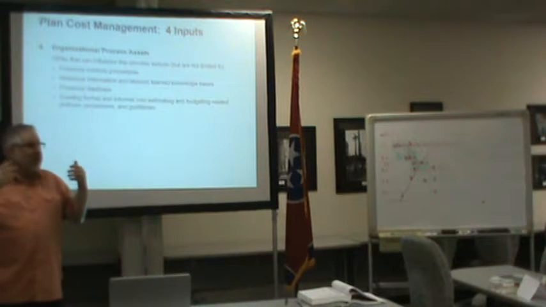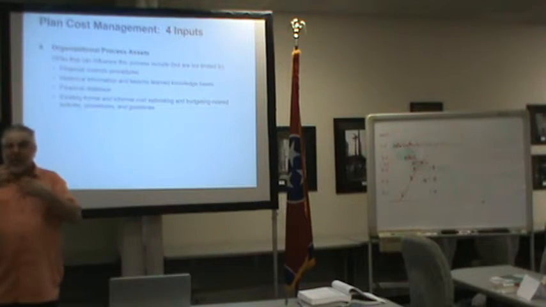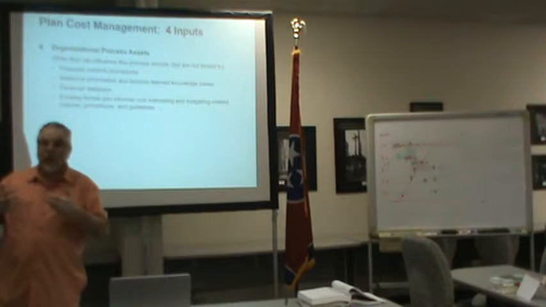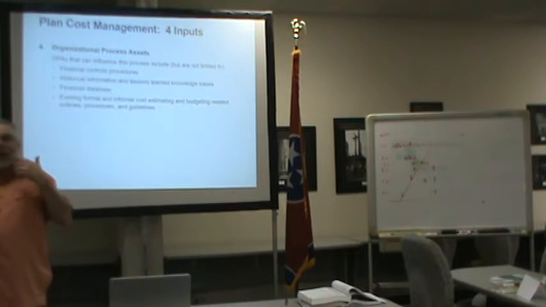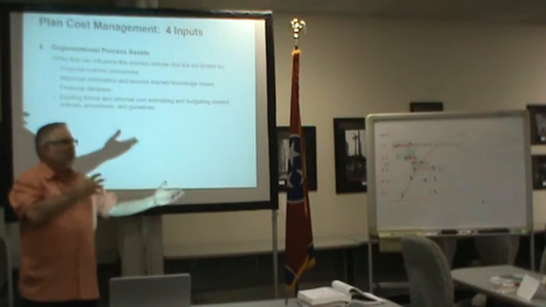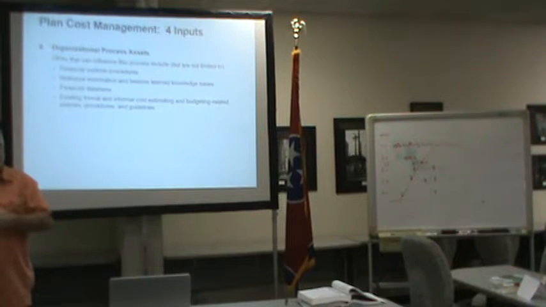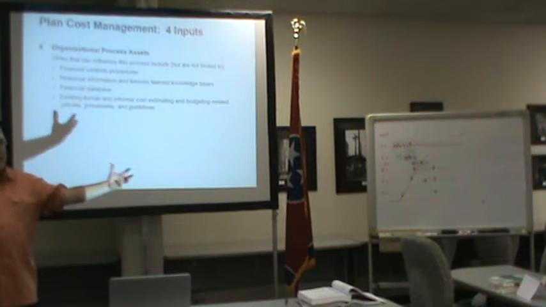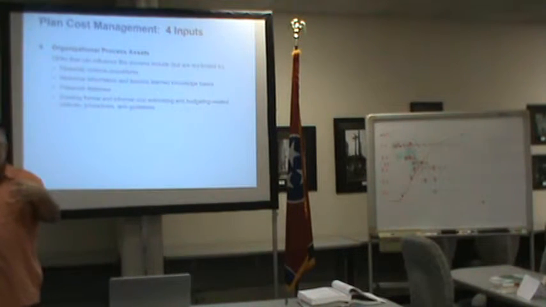My point would be to understand what are OPAs and what are EEFs, and just understand when they're inputs and when they're outputs. And in most cases, when they're inputs, would you expect them to be inputs to planning or execution? Planning in most cases, right? I'm going to think about, okay, when am I going to use these factors that affect my schedule, my plan for my schedule, or my plan for my cost?